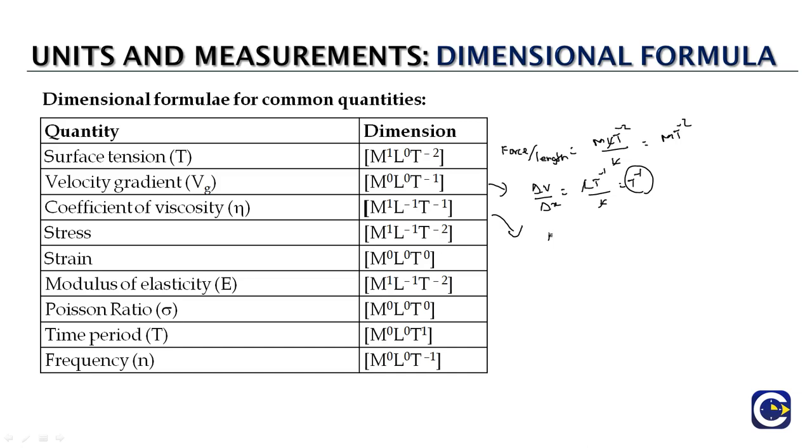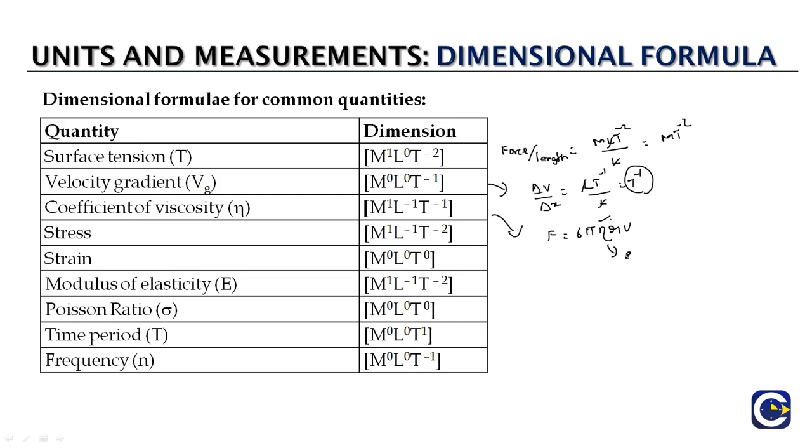We have an equation called Stokes law, where the viscous force acting on a spherical body moving in a liquid with the radius r and velocity v, the drag force or the viscous force, will be 6 pi eta r v. So from this formula we will be able to find the dimensional formula for the coefficient of viscosity.